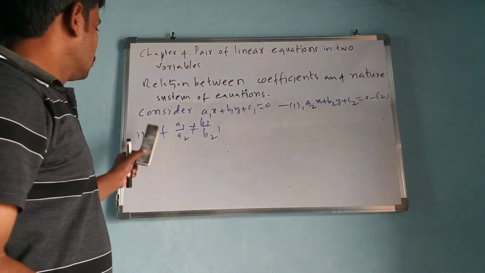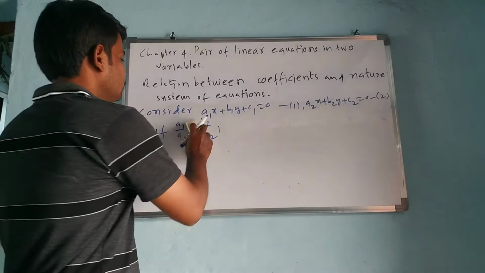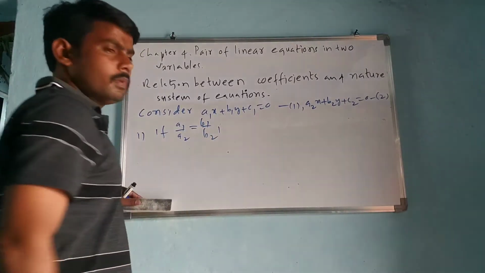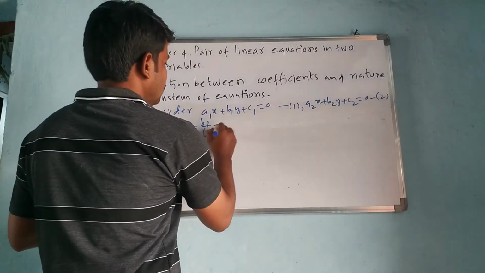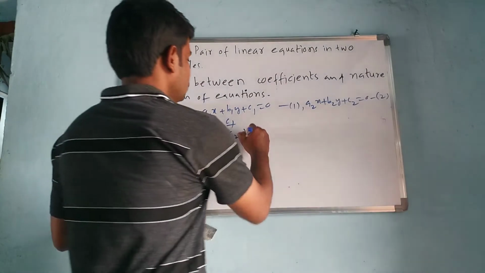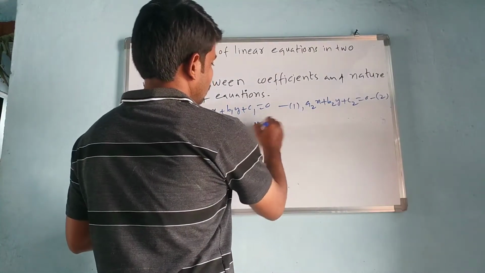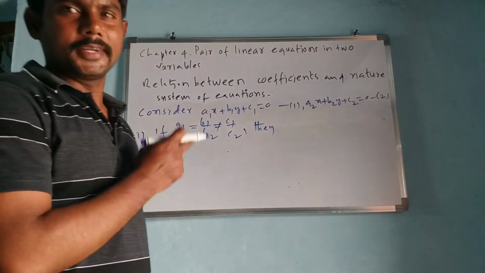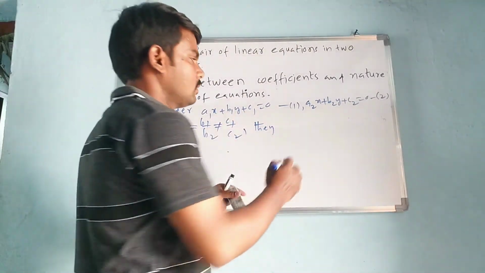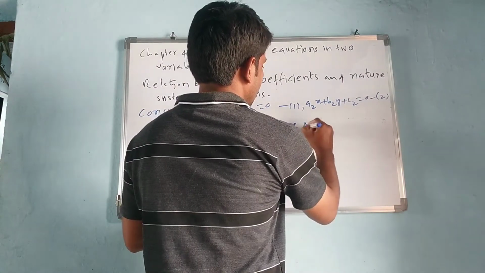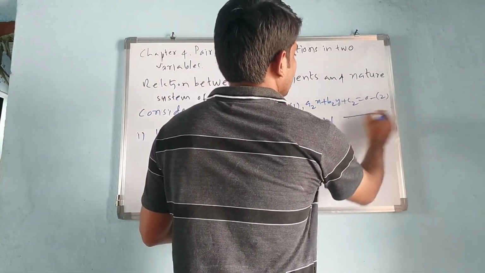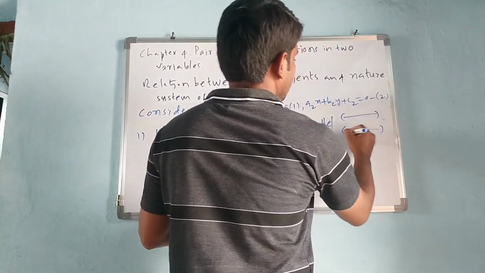The second relation is a1 by a2 is equal to b1 by b2 is not equal to c1 by c2. In this case, the two lines are not intersecting at a point. They are parallel.